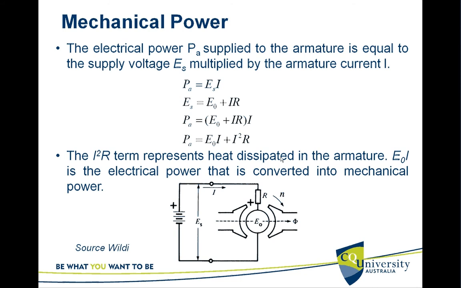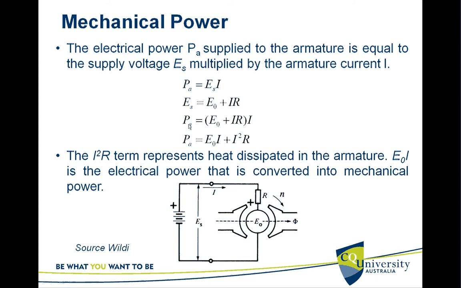Mechanical power. The electrical power PA supplied to the armature is equal to the supply voltage multiplied by the armature current, obviously. So that is what is going in. Supply voltage is E naught plus I times R, where R is the armature resistance.